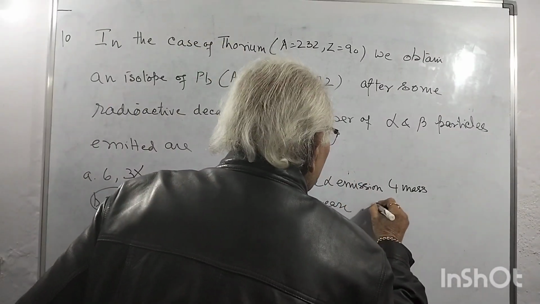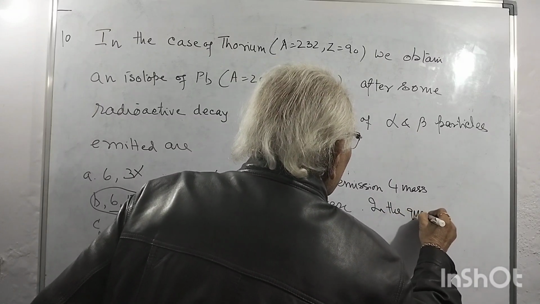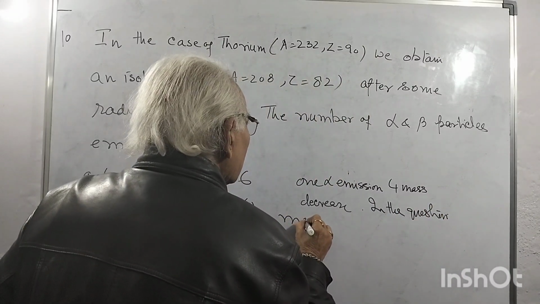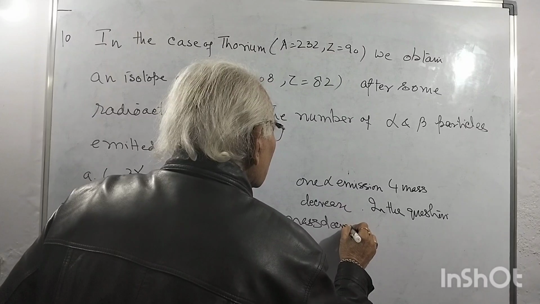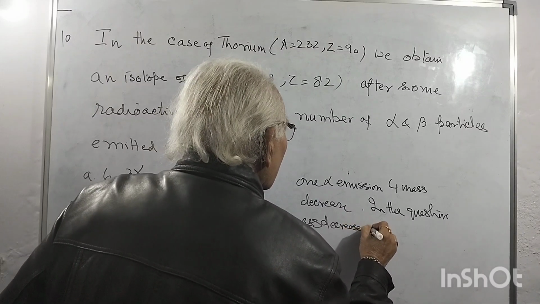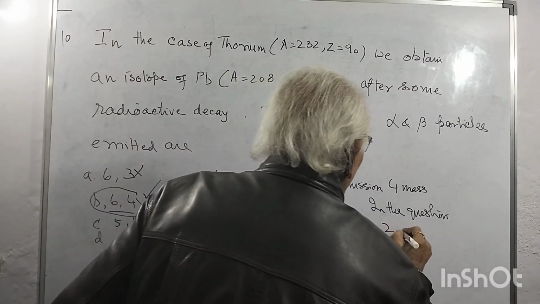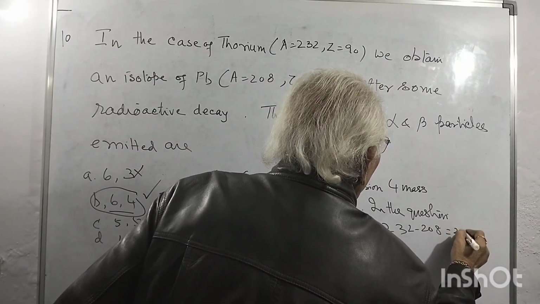In the question, the mass decrease is 232 minus 208, that is 24.